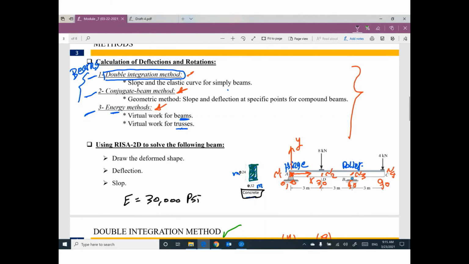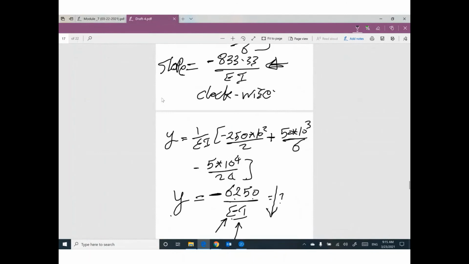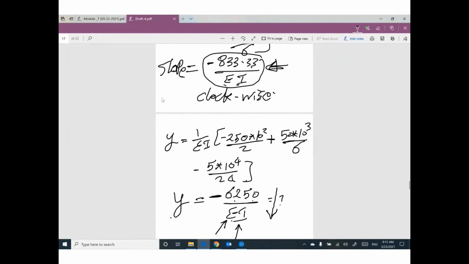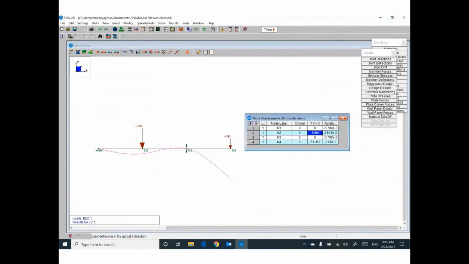The moment of inertia for this one equals 0.12 times 0.24 to power cube divide 12. So if you give me the cross section, I can calculate the moment of inertia. I can get the Young's modulus. Then I can use both in EI to get the final value, to show you what the deflection is, what the rotation is.